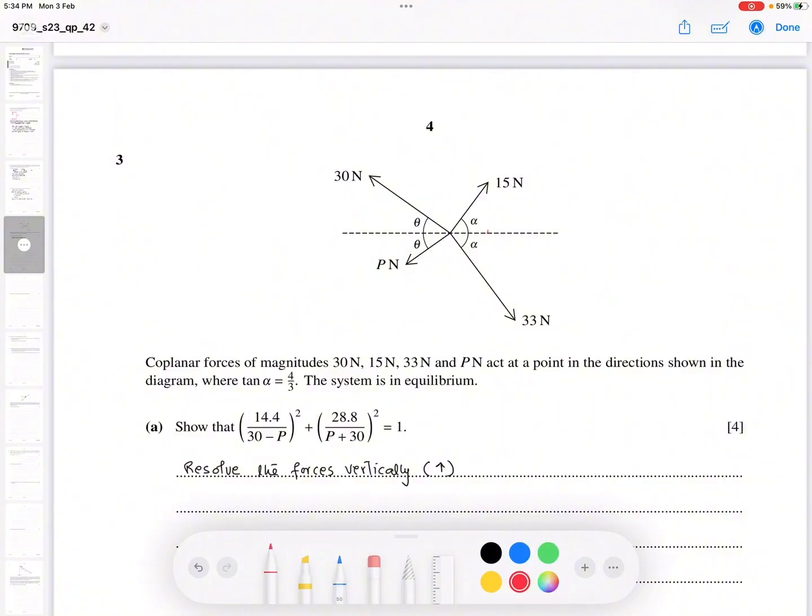So if I resolve the forces vertically, this would be my 15 sine alpha. Here my force would be 30 sine theta. This one is P sine theta, and this one would be 33 sine alpha.